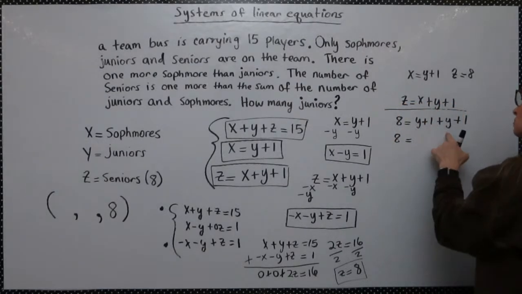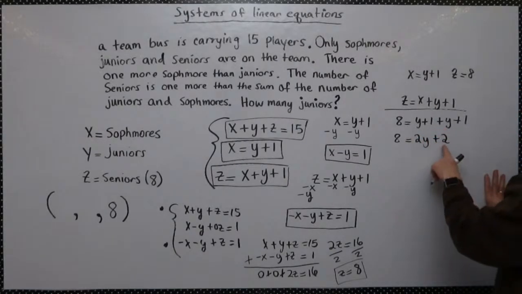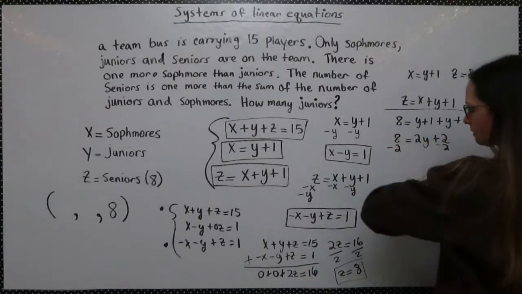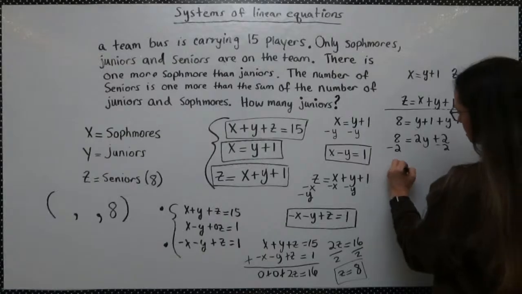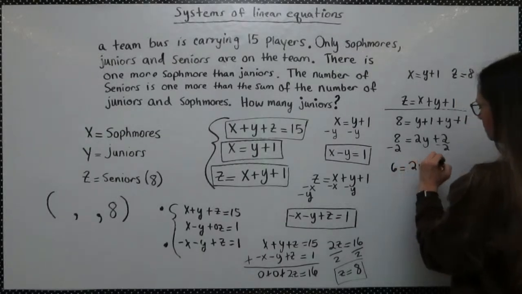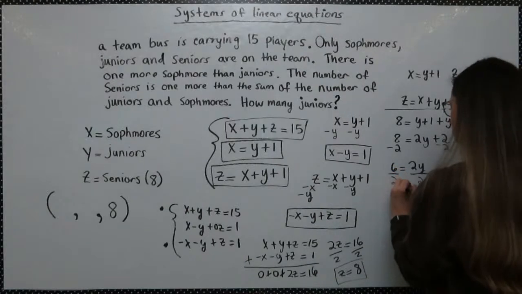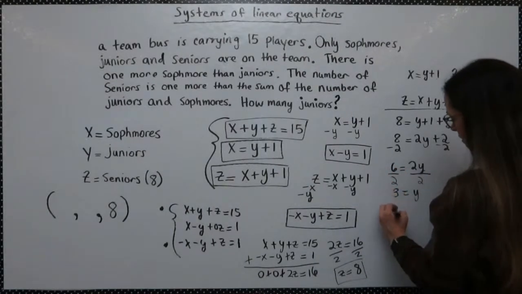So y plus y is 2y, 1 plus 1 is 2. And now I'm going to subtract 2 from both sides. So I've got 6 equals 2y. And divide both sides by 2. And I'm going to get y equals 6 divided by 2, which is 3.